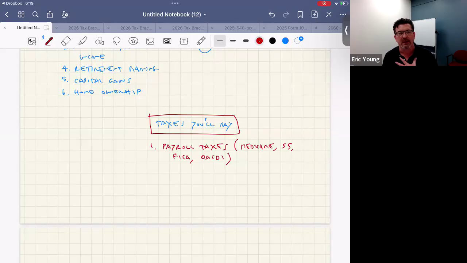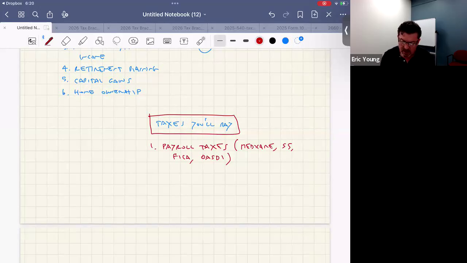One day when I retire, if I retire and you're still working, your payroll taxes will pay a part of my Social Security benefits. And one day when you're old and gray and bitter and you're retired, the next generation's payroll taxes will pay yours. So payroll taxes are also called Medicare, Social Security, FICA, and OASDI taxes, because those are all sort of synonymous with Social Security and retirement benefits.